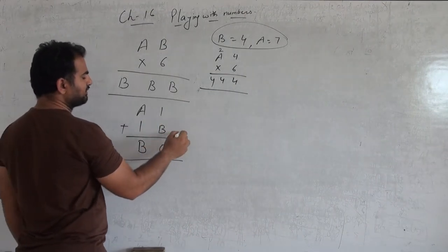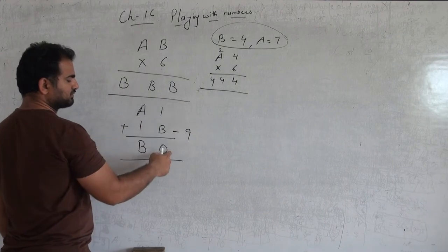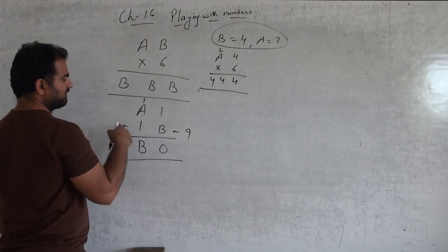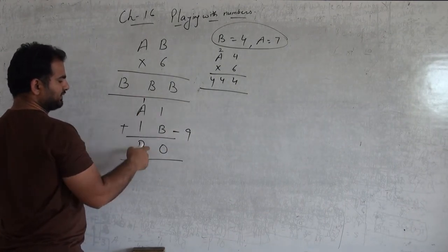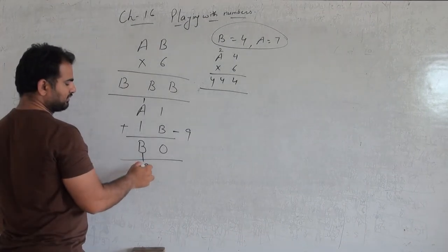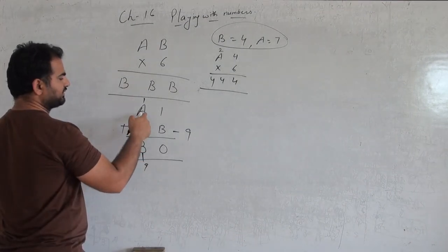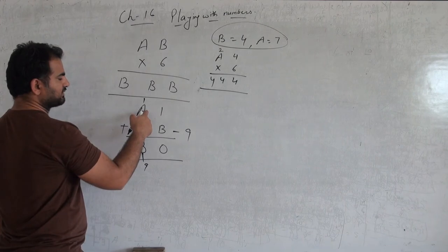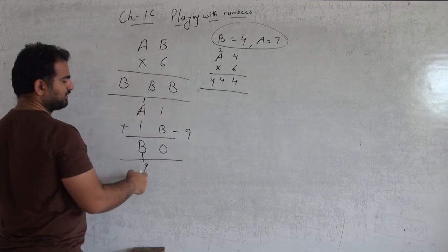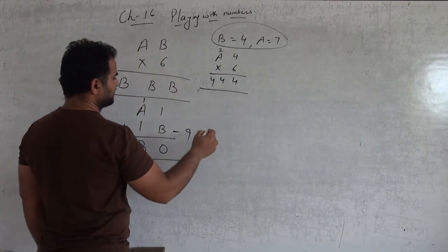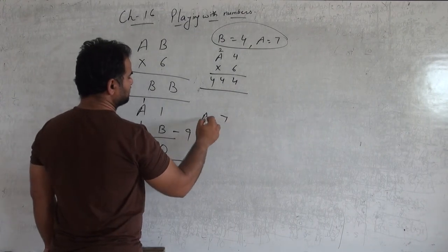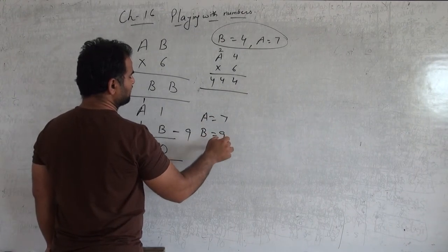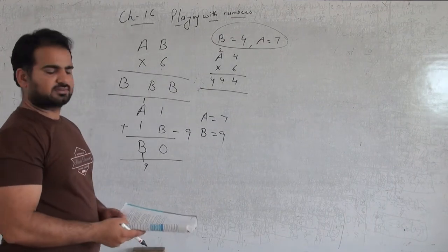So B should be 9. 9 plus 1 equals 10 and 1 should be carried. So what should it be to make it 9? It should be 7. 7 plus 1 plus 1 should be 9. So we can say that A equals 7 and B equals 9. This is the final answer.